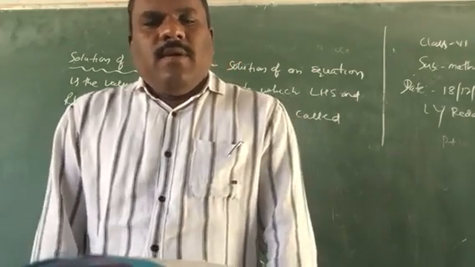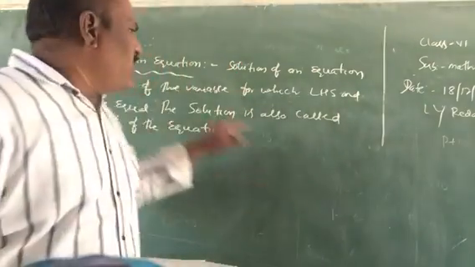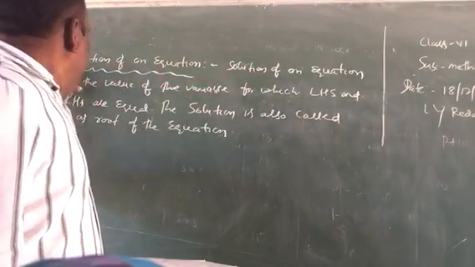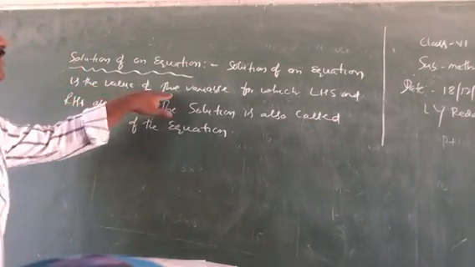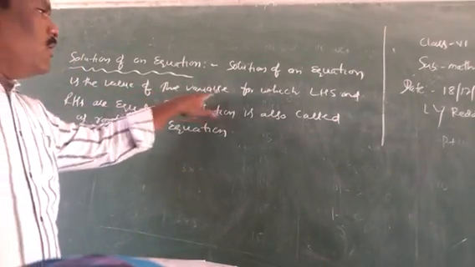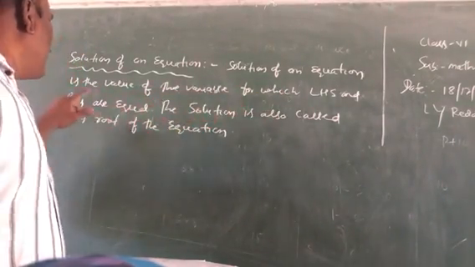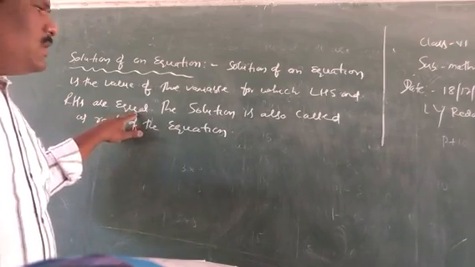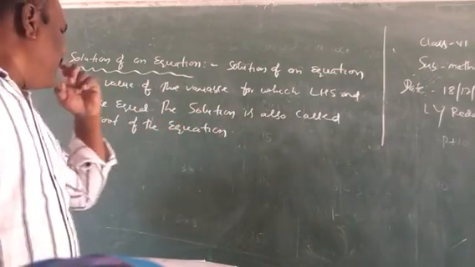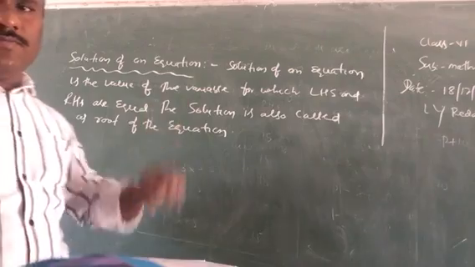Children, the solution of an equation is the value of the variable for which LHS and RHS are equal. The solution is also called the root of the equation.